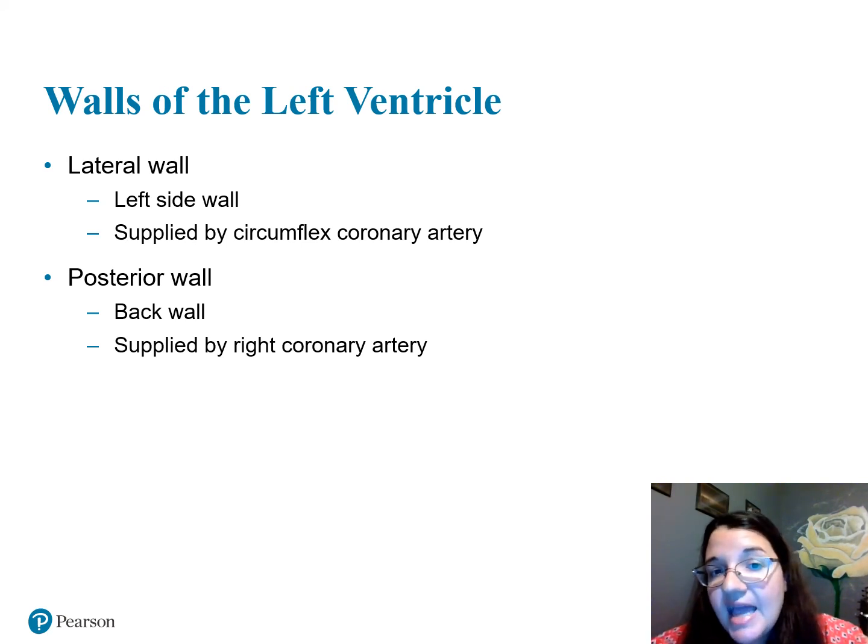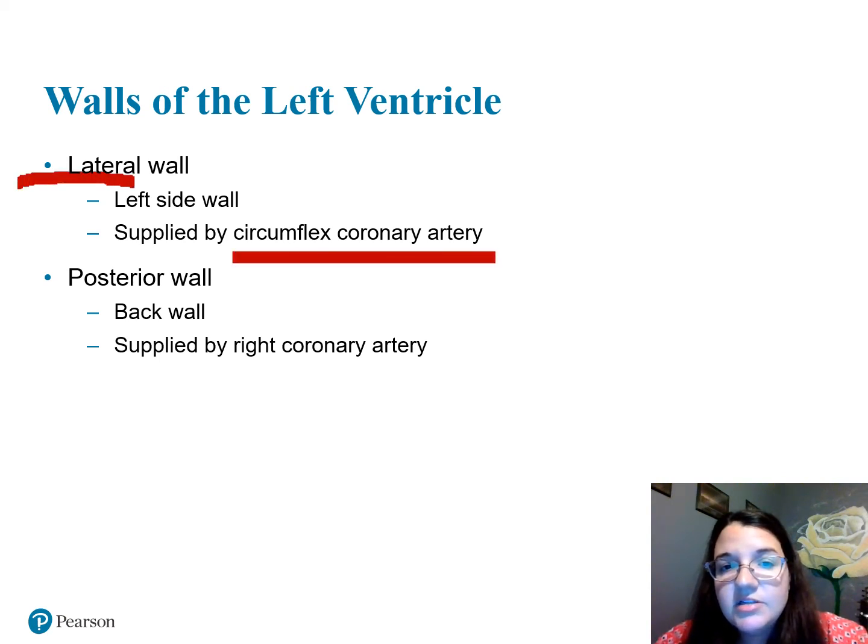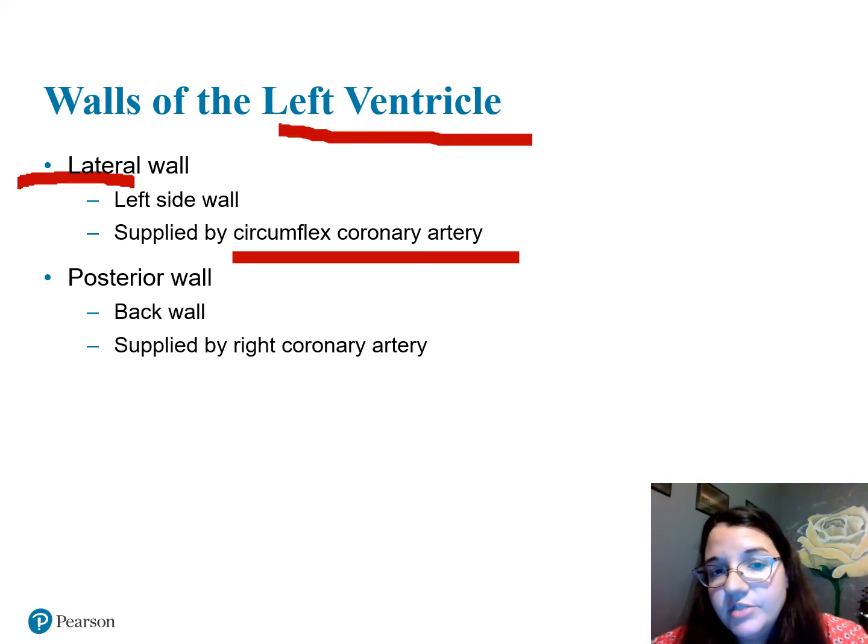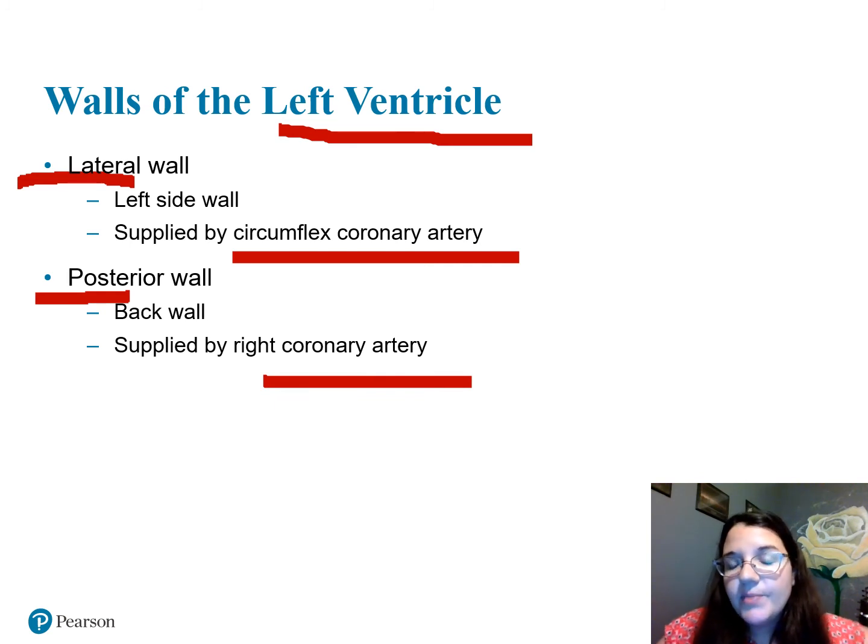Now we're going to look at the lateral wall, which is the left side of that left ventricle, and it is fed by the circumflex. Left circumflex, left wall of my left ventricle. And then we have the back wall, which is your posterior wall, supplied by your right coronary artery. So my right coronary artery is going to feed the back wall of my left ventricle as well as the bottom wall of my left ventricle.